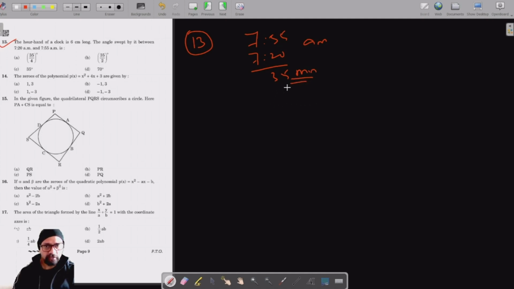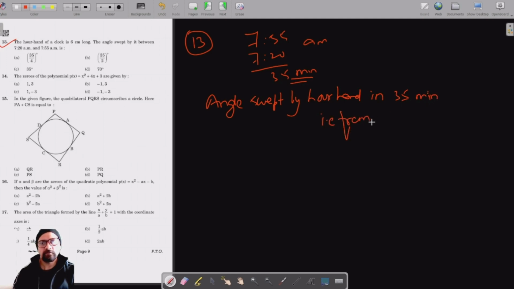Okay, now we have to find the angle swept by this hour hand in 35 minutes, that is from 7:20 a.m. to 7:55 a.m. That's what we are supposed to find out.